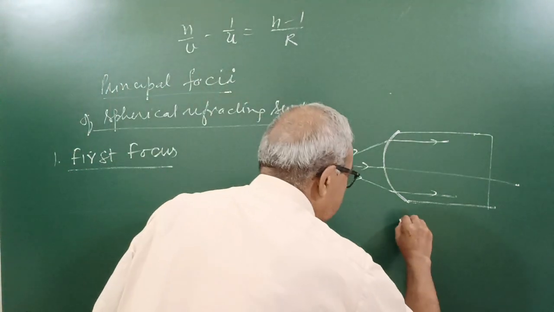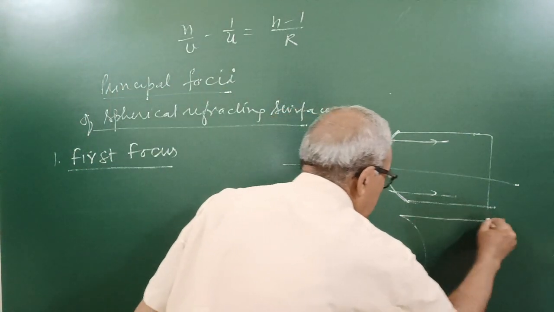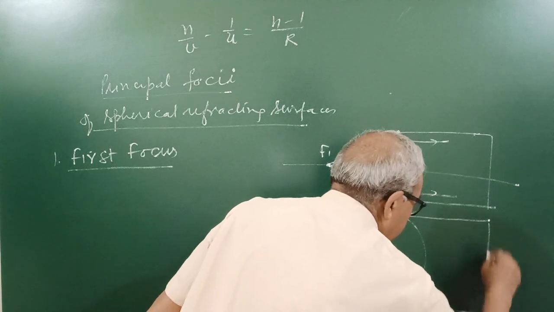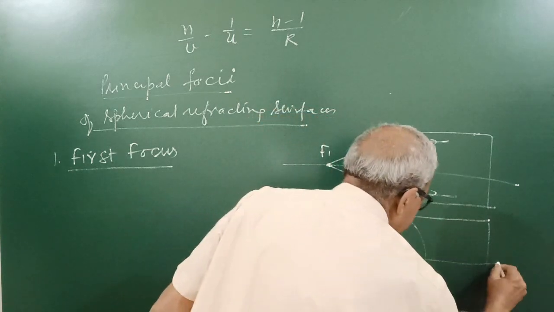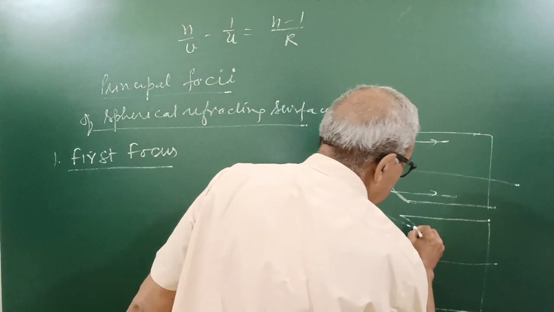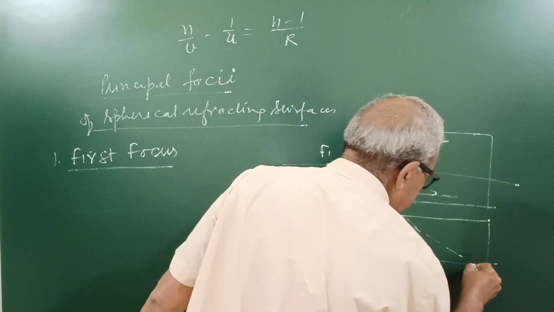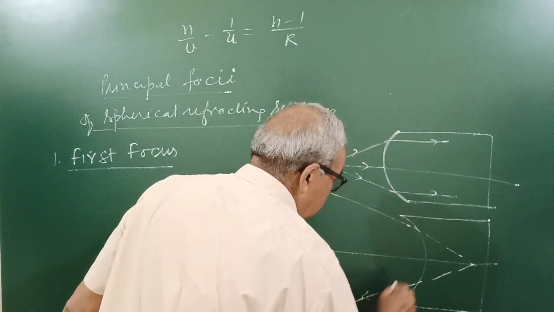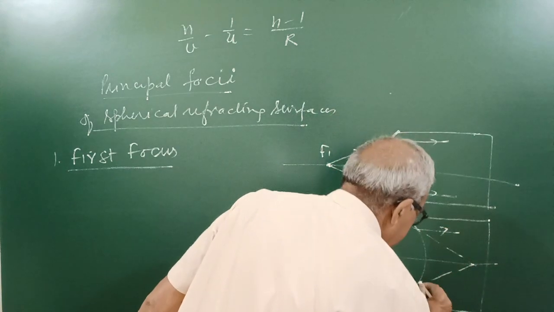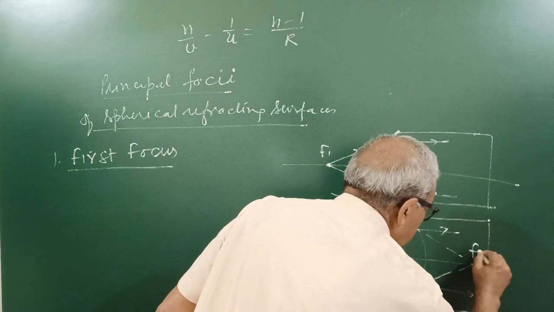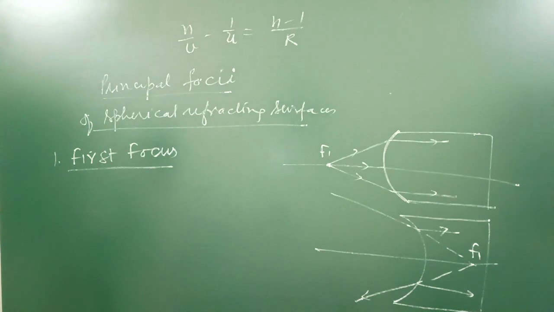In the case of a concave surface, what is there? A beam was just to converge at this point. If the rays become parallel, then it is the first focus of the concave surface.